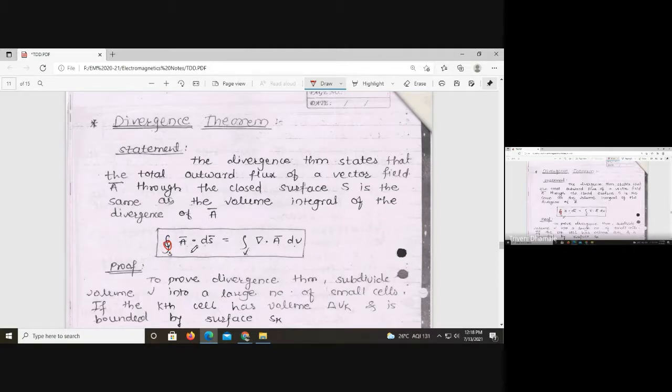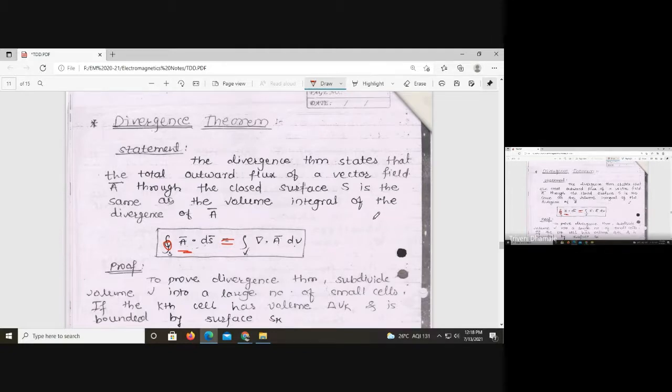So this is the flux definition, right? A bar dot ds bar, the net outward flux through any vector A bar. What the theorem states is that the outward flux of vector field A bar through the closed surface is the same as the volume integral of the divergence of that vector A bar.